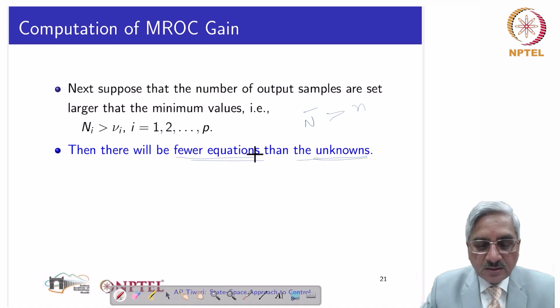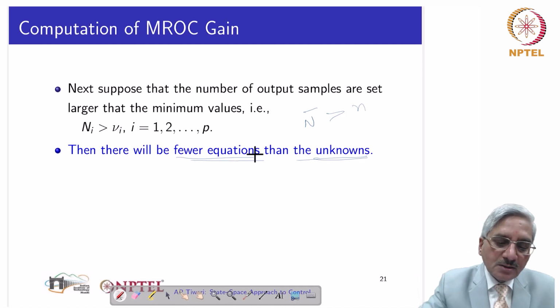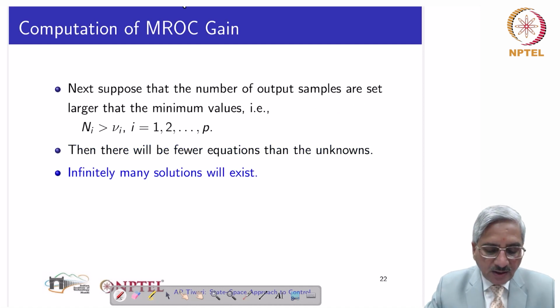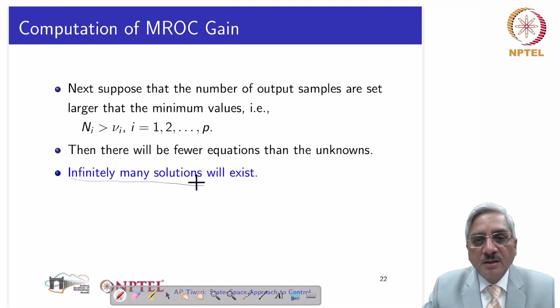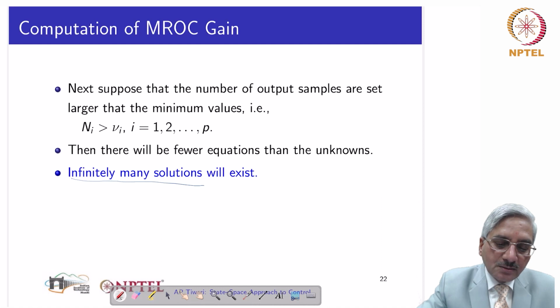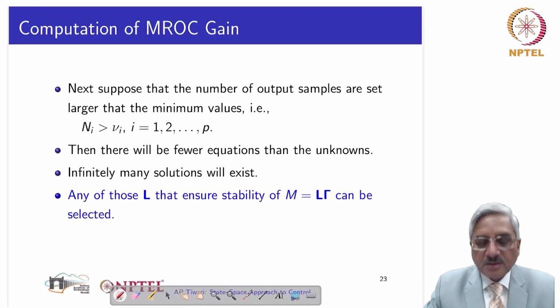Fewer equations than unknowns means there is no unique solution, and in fact infinitely many solutions will be possible, and that makes the choice of M easy, because out of so many solutions we will have at least a few solutions which will lead to a stable M obtained through M equal to L gamma.